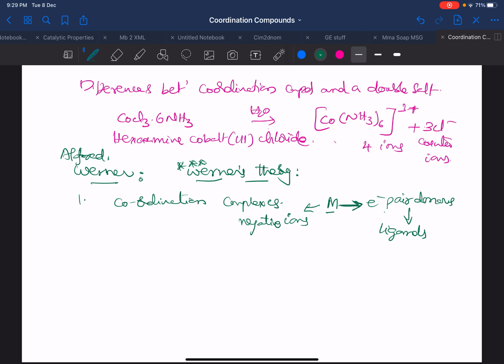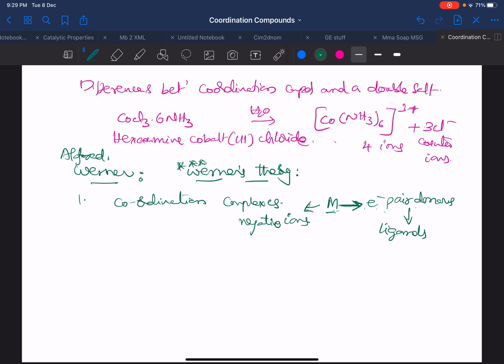The metal atom or the metal ion is involved in both ionic bonding as well as coordinate covalent bonding. So it will give a coordinate covalent bond with the electron pair donors, which are called the ligands, and the metal atom participates in an ionic bond with the negative ions.